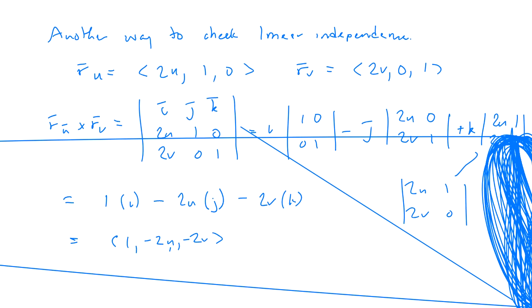And the two gradient vectors do not give a cross product that's 0, 0, 0. And that tells you that they're linearly independent.